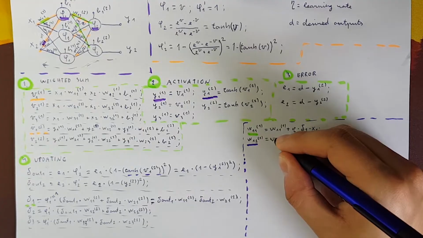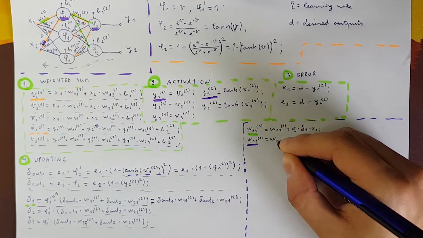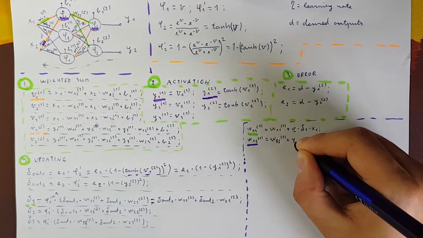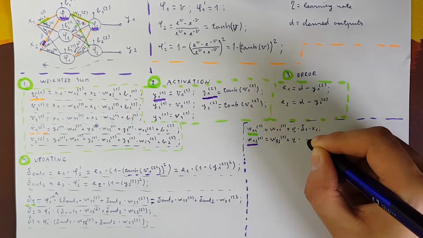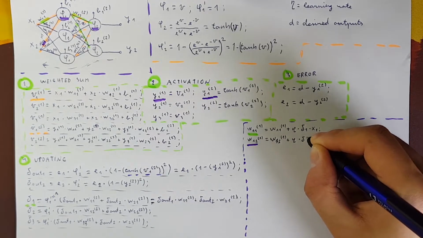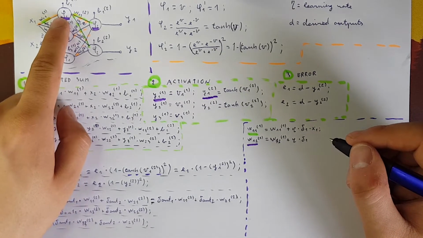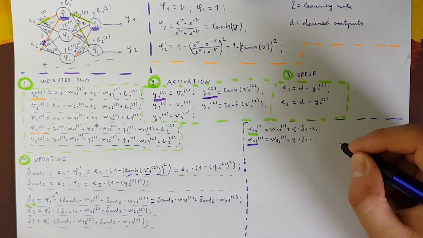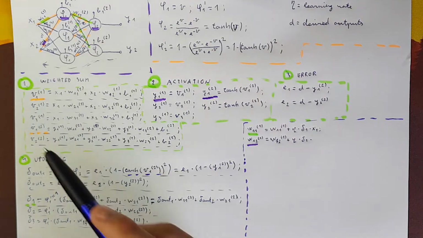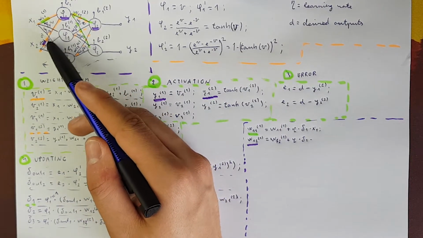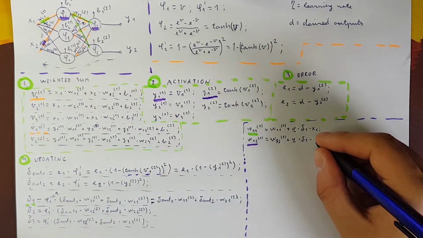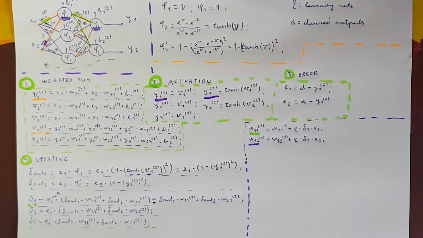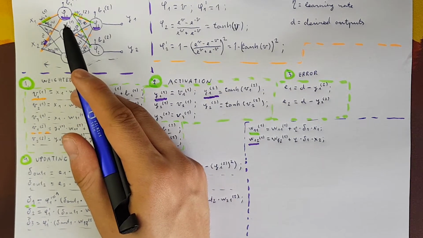So we take W12 of the first layer and add learning rate multiplied by delta of that neuron. So this is still for the first neuron, so delta 1, and the input which it's connected to with that weight. So in this case it's x2. And this is how we updated the weights for the first neuron.